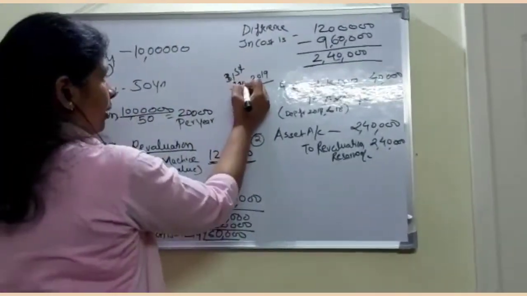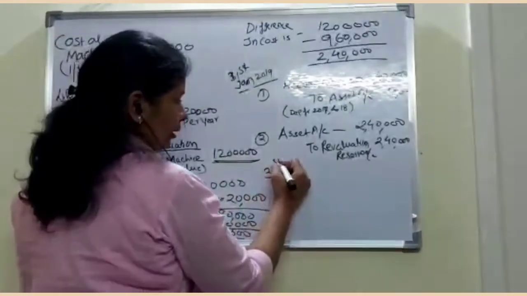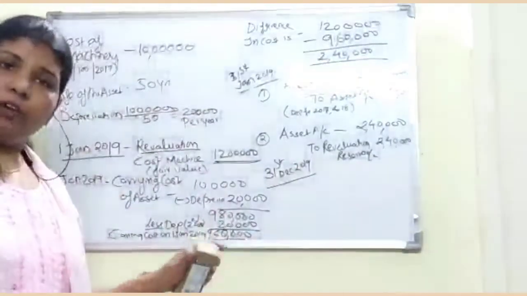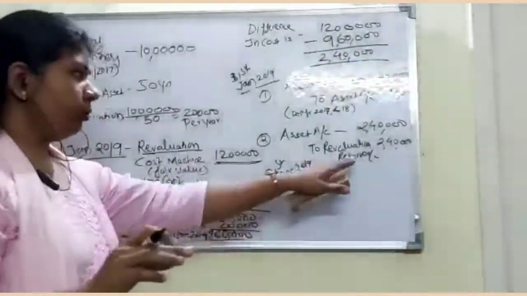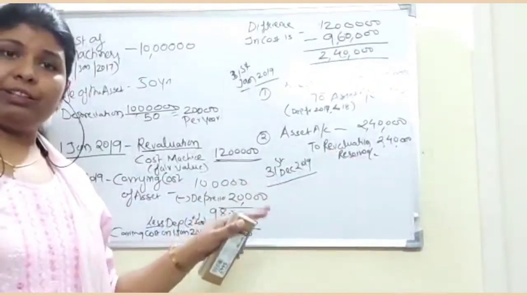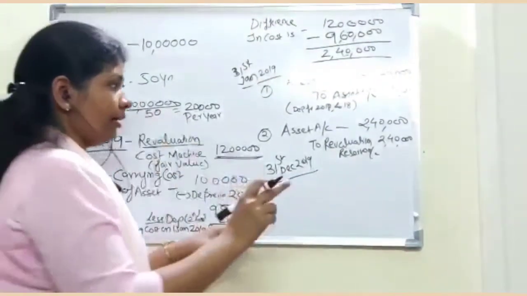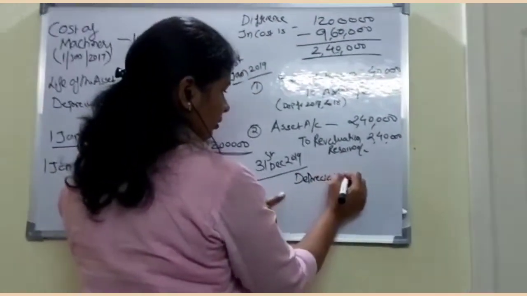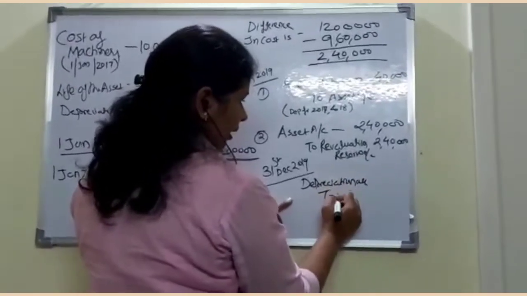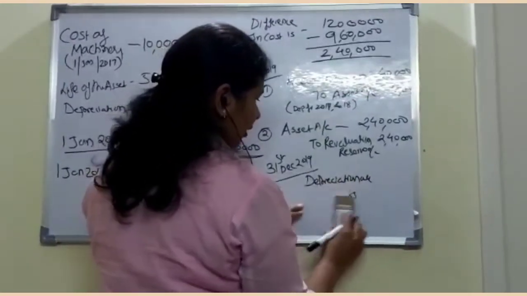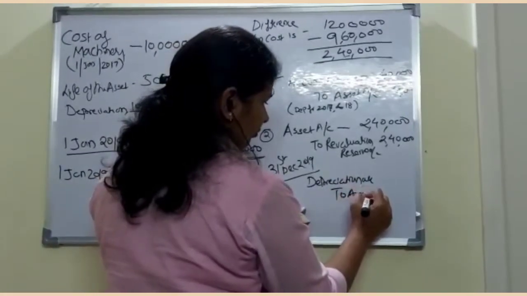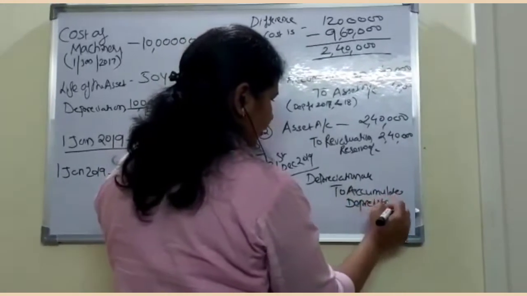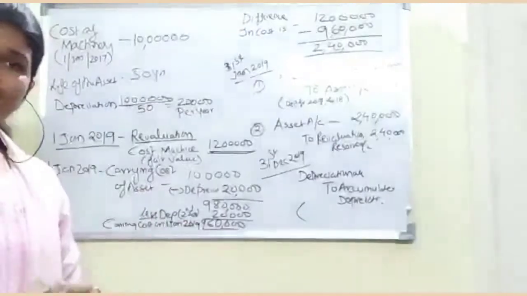I am doing this on 1st January, because the revaluation happened on 1st January. On 31st December 2019, at the end of the financial year, I am going to give the effect of depreciation on the revalued amount of plant and machinery: depreciation account to accumulated depreciation account. How much will be my revised depreciation?